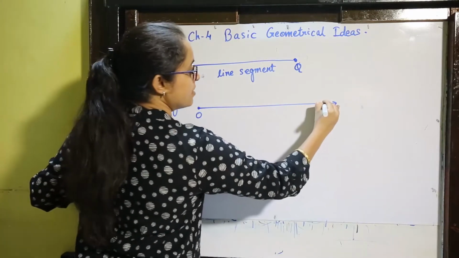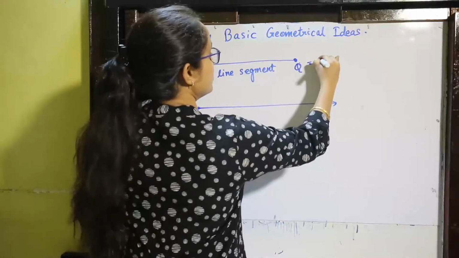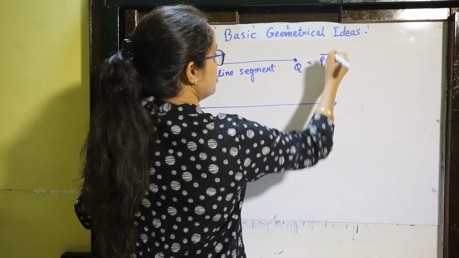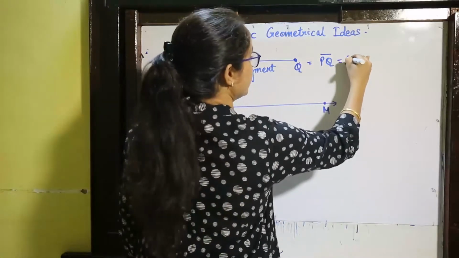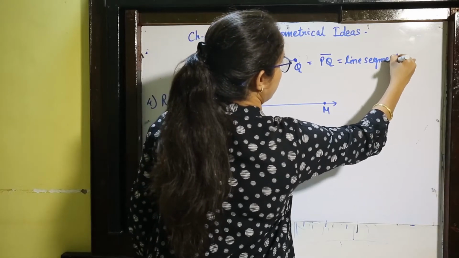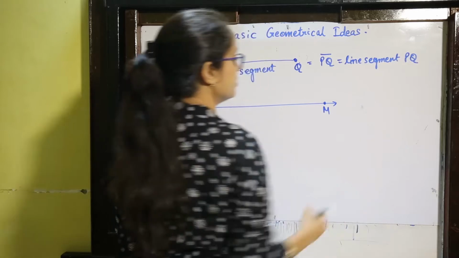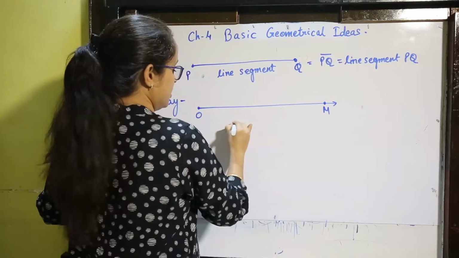So suppose I am writing here M. This is known as line segment PQ, or you can write line segment PQ. And for a ray, you need to write ray.